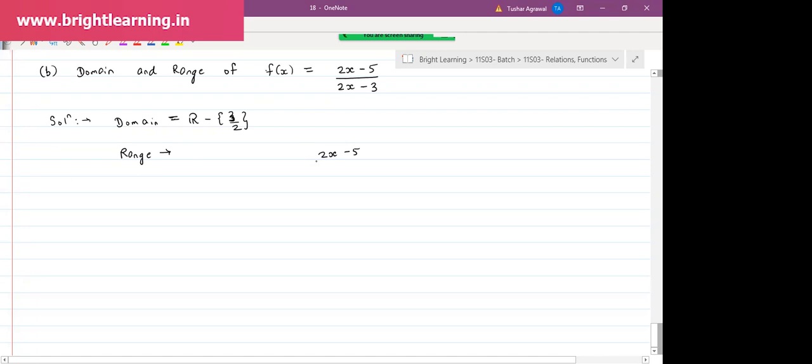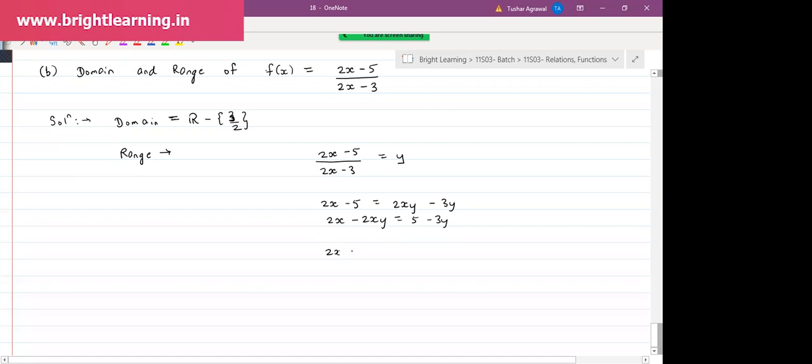2x minus 5 upon 2x minus 3 is equal to y. My target is to bring x as a formula of y. 2xy minus 3y becomes 2x minus 2xy is equal to 5 minus 3y.